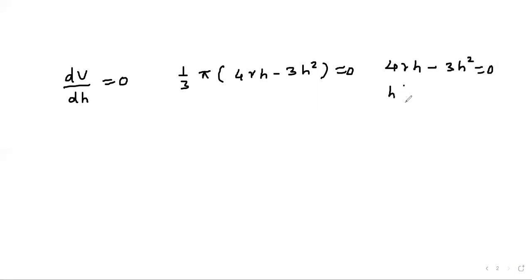So 4rh minus 3h square equals 0. Taking h common, 4r minus 3h equals 0, from where we get h equal to 0 or h equal to 4r by 3. h equal to 0 can't be taken. So h equals 4r by 3.